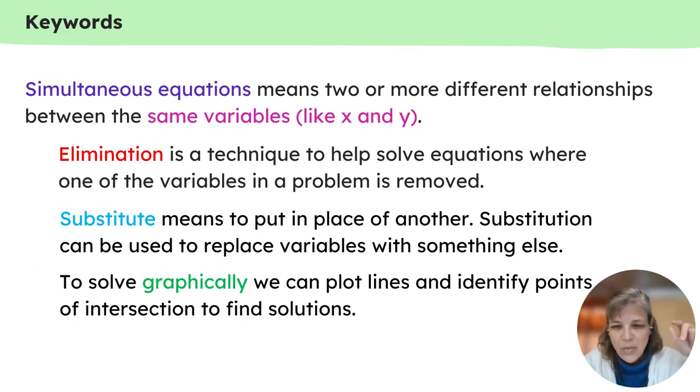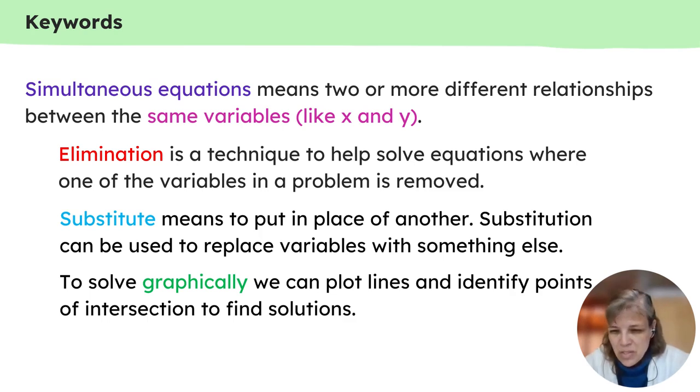So simultaneous equations is where you have two different equations, two different relationships that both have an x and y in them. And we know that the x and y in both of these equations are the same x and the same y. So we can eliminate, which is a technique to solve the equations by removing either the x or the y, one of the variables.